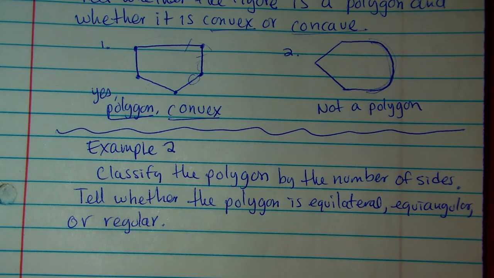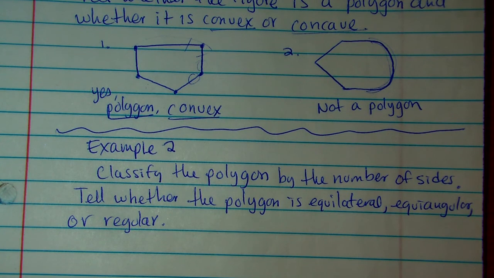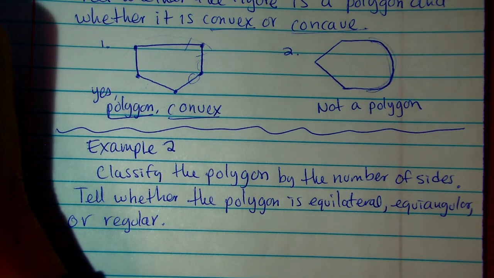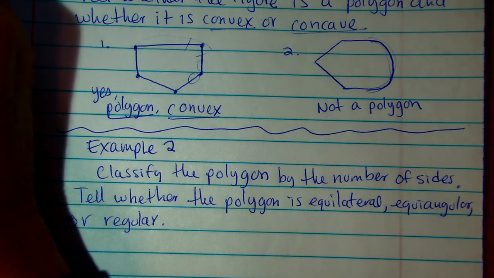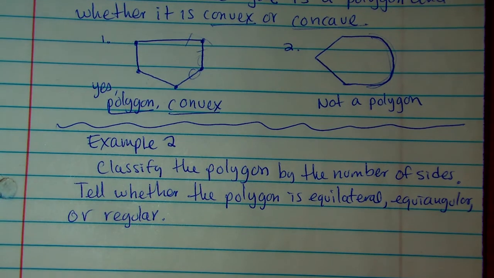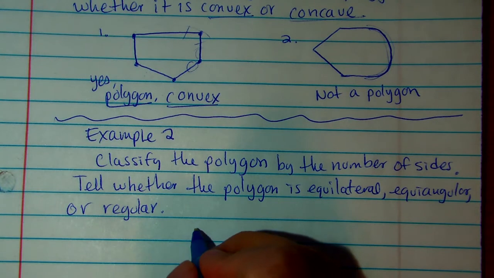It says classify the polygon by the number of sides. The figure that we're going to draw, we already know that it's a polygon, and this one is going to have 1, 2, 3, 4, 5, 6, 7, 8. So this is how we start the polygon with 8 sides.